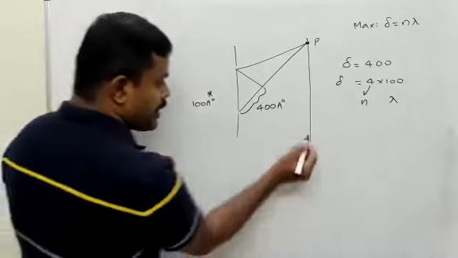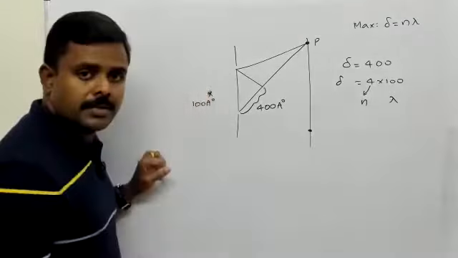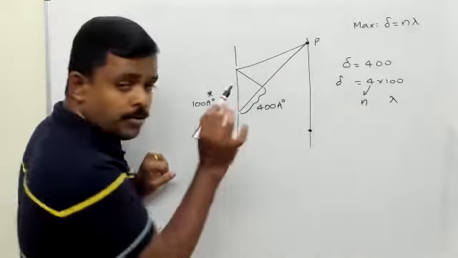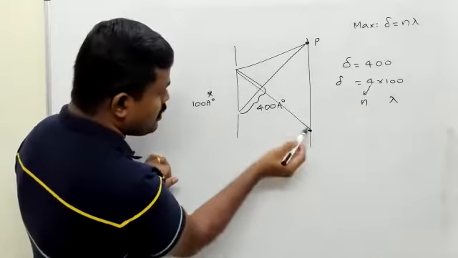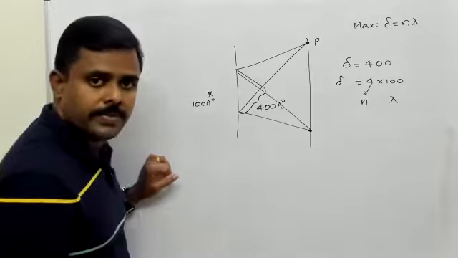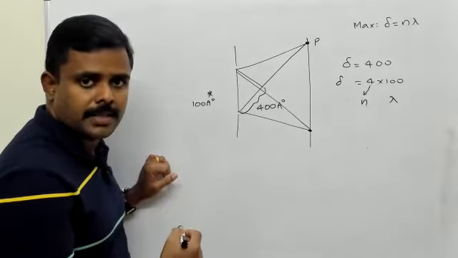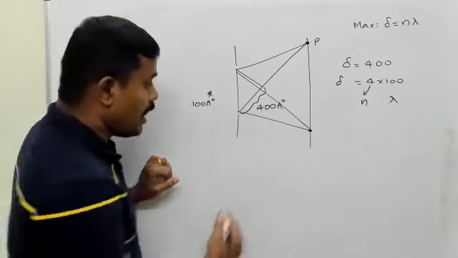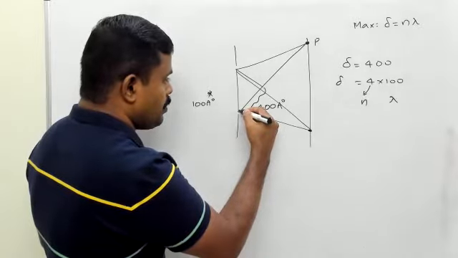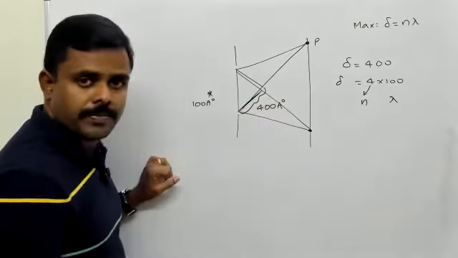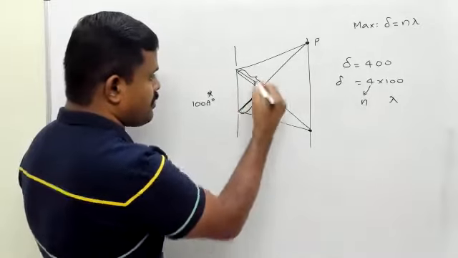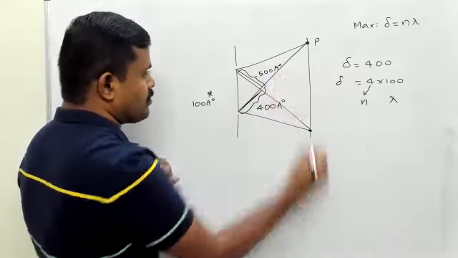Look at this. I'm taking another point over here, and I'm drawing two waves. This is wave number 1 and this is wave number 2. Those are the paths. How do I find the path difference? I must draw the perpendicular and find the distance between them. I get it as 500 angstrom.